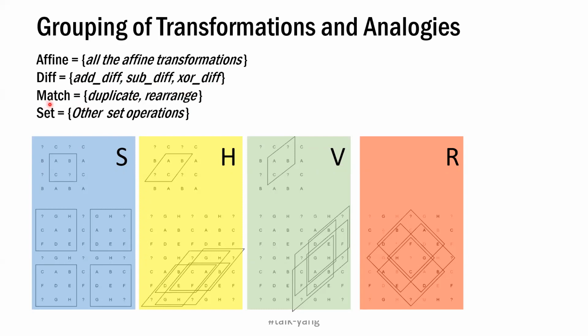And the third group, the match group, includes duplicate and rearrange. The last group includes all the other set operations. And we also divided our analogies into 4 groups according to the shape that is being used to derive these analogies.